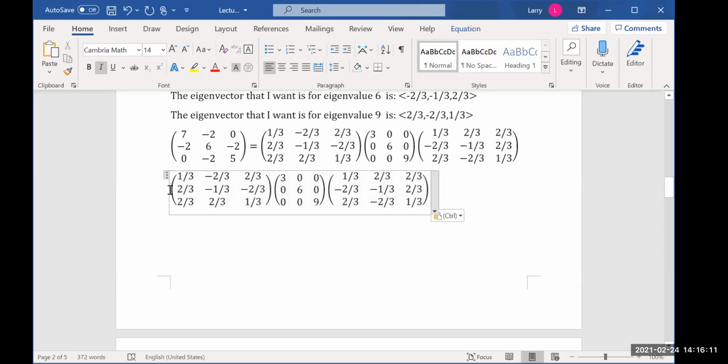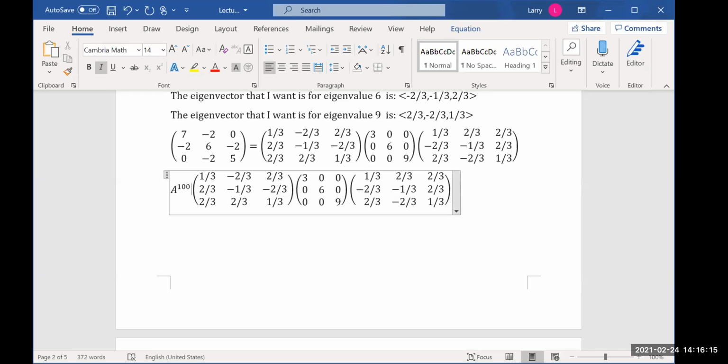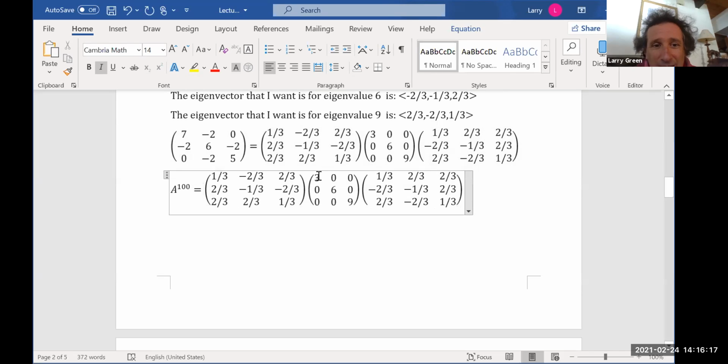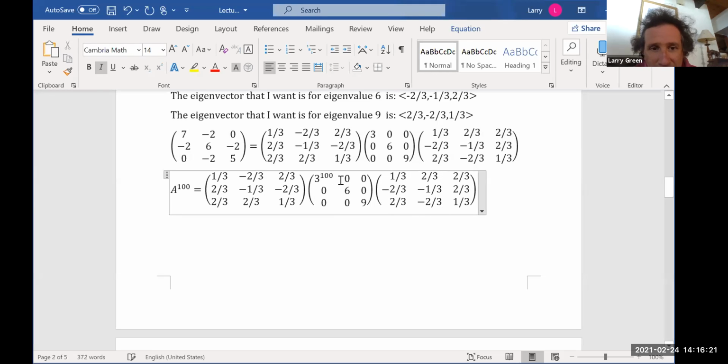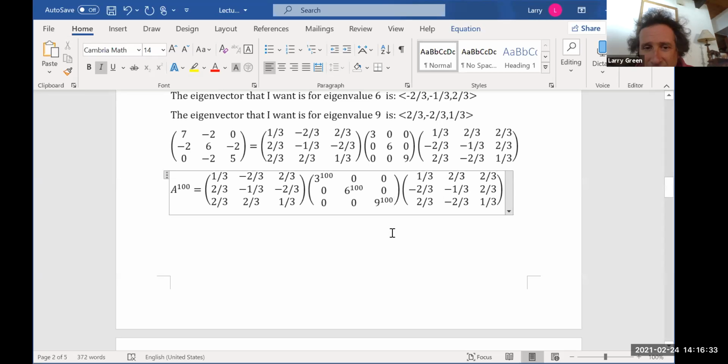Yes, P D to the 100 P inverse. And D to the 100 is really easy because that's just 3 to the 100th, 6 to the 100th, 9 to the 100th. Any questions on that?